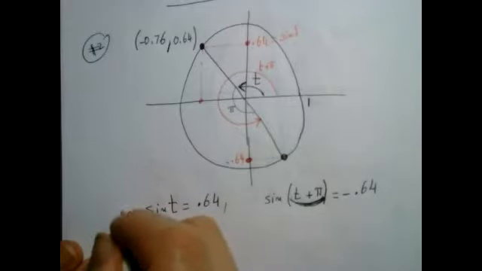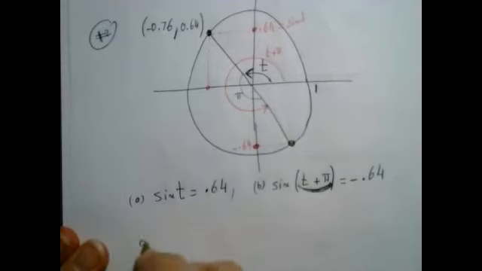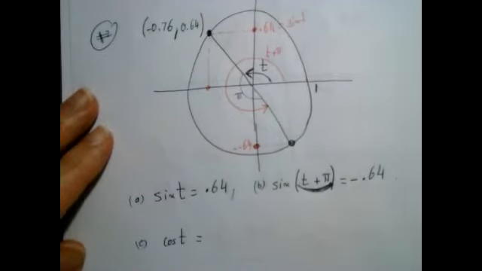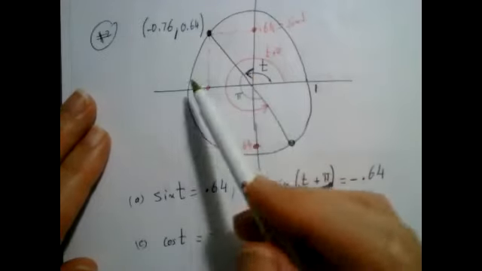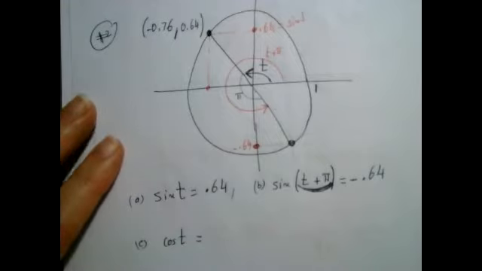Cosine of T. So that was A, that was B. Okay. Cosine T equals what? What's the cosine of T? That's T. What's the cosine? Okay, Rebecca tells me minus.